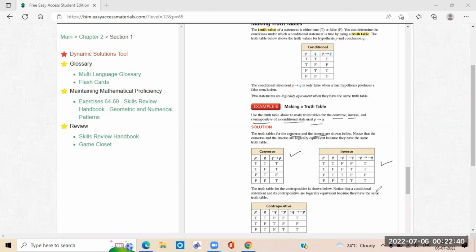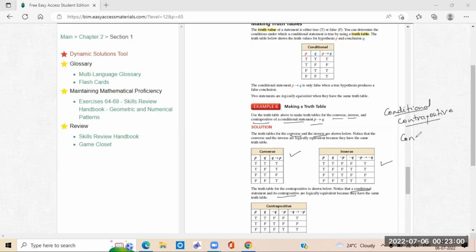We can also see that the conditional and the contrapositive are logically equivalent. Whenever we take the conditional and its contrapositive, they are logically equivalent statements because the truth tables are identical.